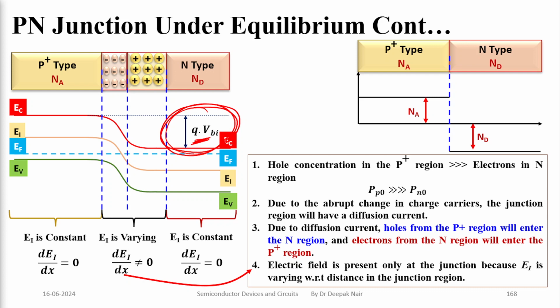We have to apply an external potential, maybe via a battery, to make the electrons flow in the PN junction diode, provided the battery has a voltage greater than V_BI. We call it the threshold voltage or barrier voltage, and we have several names for this voltage.